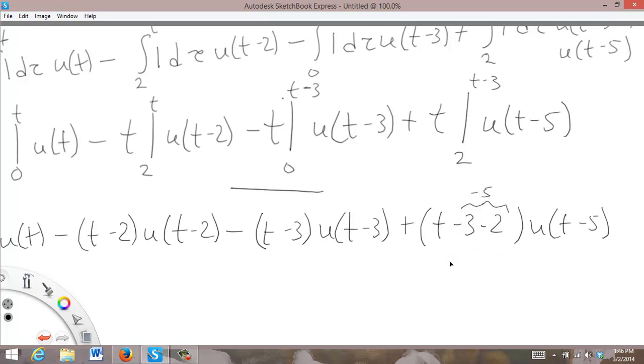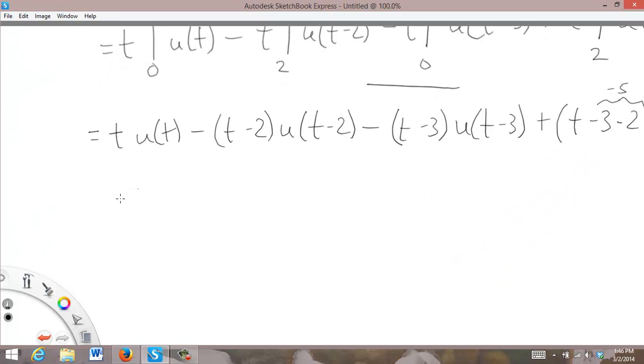Now going back, this first one is 0 until t equals 0, and then it's a positive slope line where the equation for the line is t. The second one, including this minus sign out front, is 0 until 2, and then at 2 you have a line with a negative slope, and the equation for this line is negative t plus 2, so that it's 0 at t equal to 2.